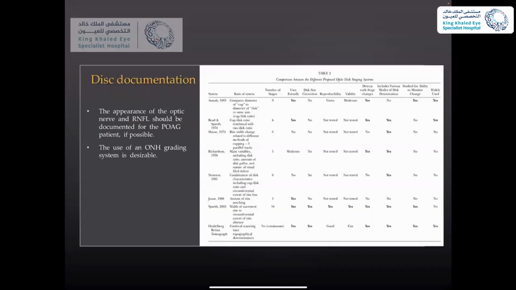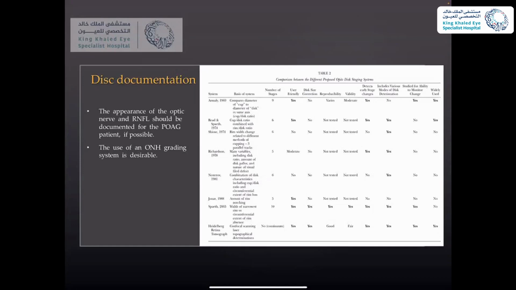From the clinical assessment, the most crucial part of assessing a patient with glaucoma is the optic disc. And we are only using one staging system, which might not be optimum for our patient, or might miss some progression or some changes that would not be detected by only looking at optic disc damage.